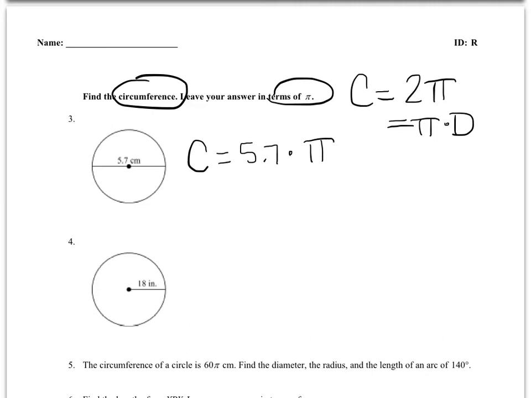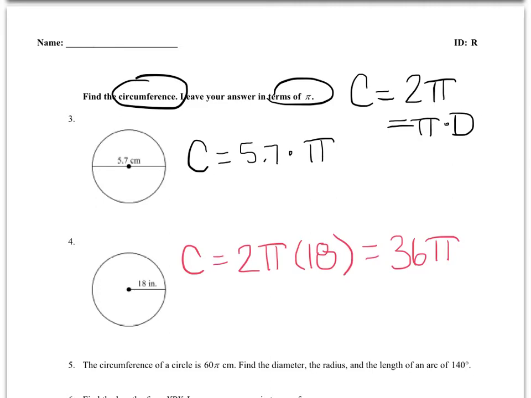The end, because they want it in terms of pi. Now for this one, they give you the radius, so circumference equals 2 pi times the radius 18, which ends up being 36 pi. That's it for that one.